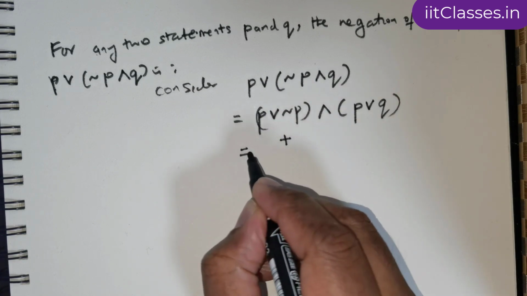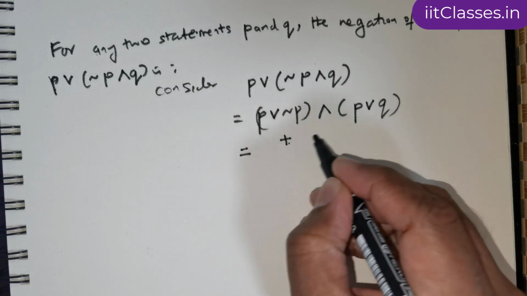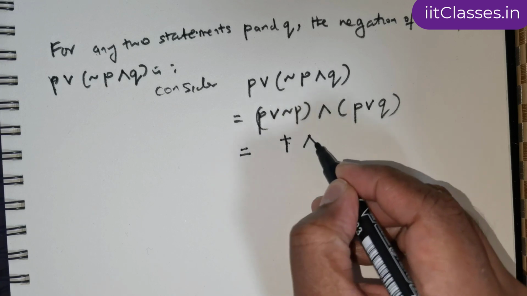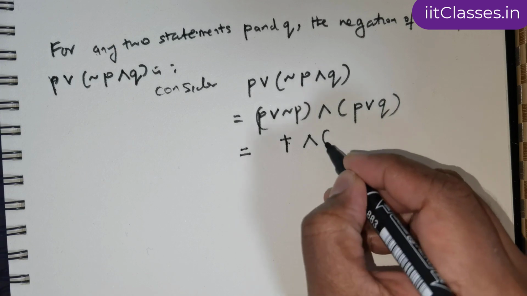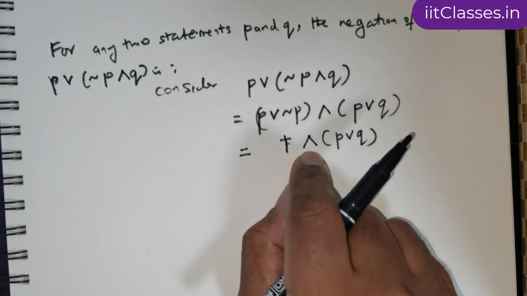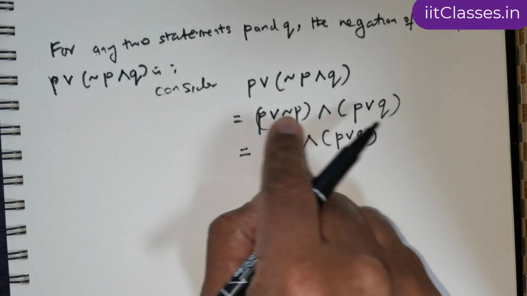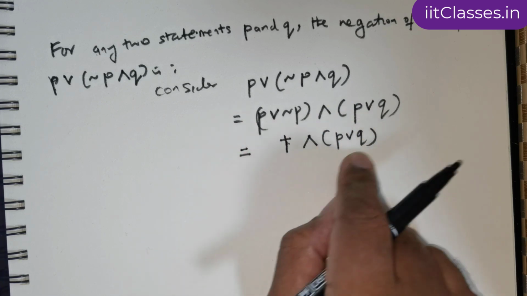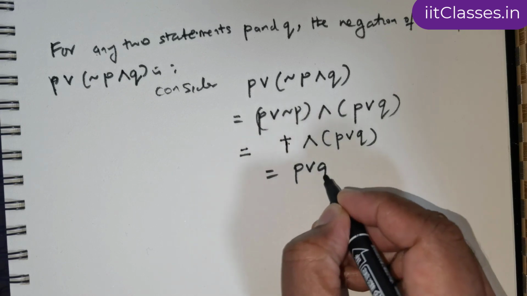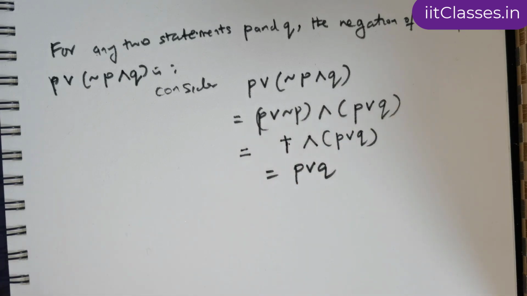So this is equal to, now you have a conjunction there, and as I mentioned to you, we are treating this as an intersection. So universal set intersection with any set would give us the set back. So this is what is obtained.